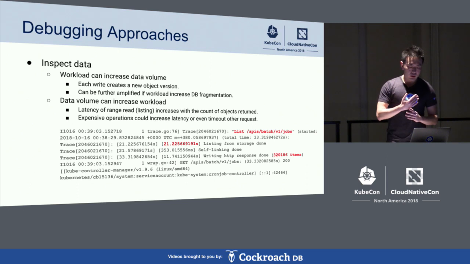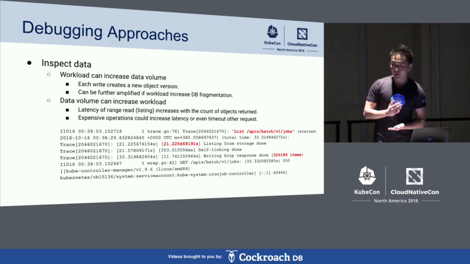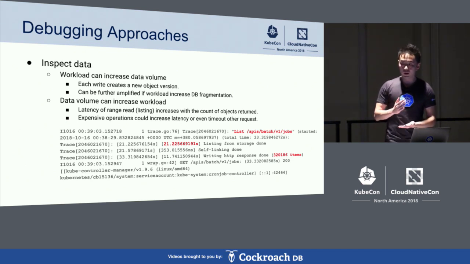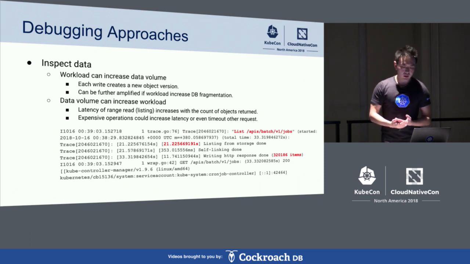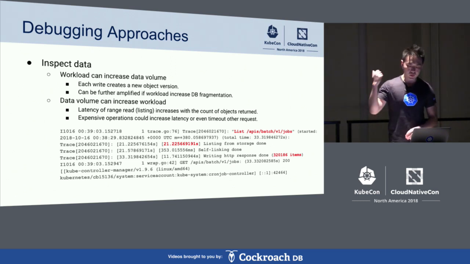In reverse, data volume can also increase the workload. For example, if you have lots of stuff stored in etcd, and either intentionally or accidentally you're reading a lot of them, then it's creating a large request. This is the same example I just copied from the previous slides.